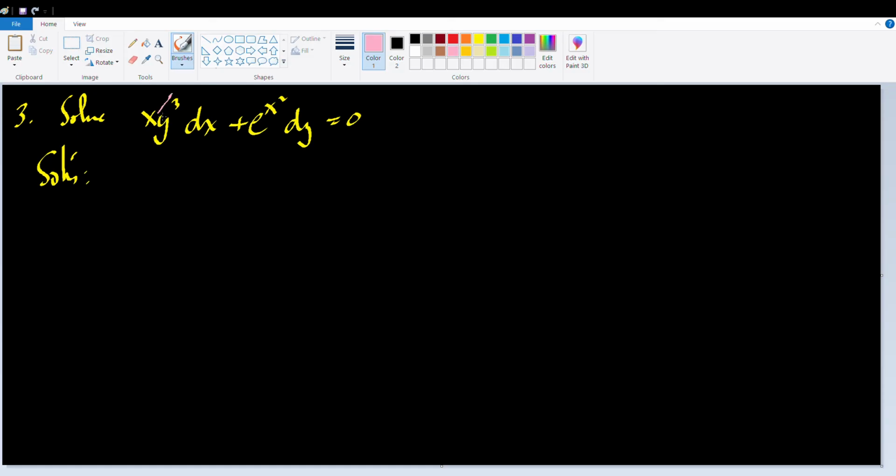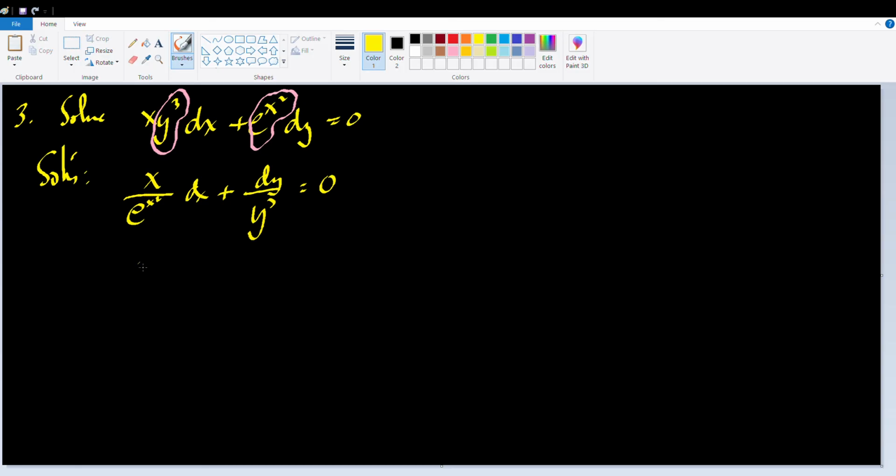So y cubed is not a desirable coefficient for dx, no? And e raised to x squared likewise is not a good coefficient for dy. So we divide by y cubed e to the x squared, and what do we get? x over e raised to x squared dx plus dy over y cubed equal to 0.